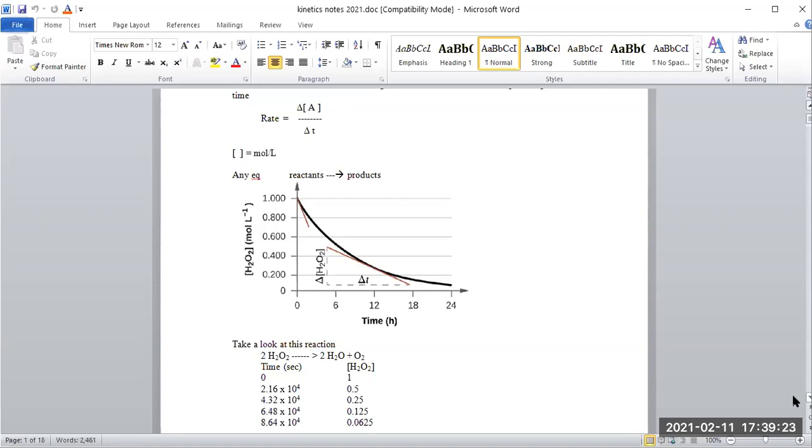From a realistic point of view, you're probably going to get what they call an asymptotic approach to 0, meaning that there's a chance that you're never going to get absolutely 100% of those molecules to convert over to water and oxygen gas.